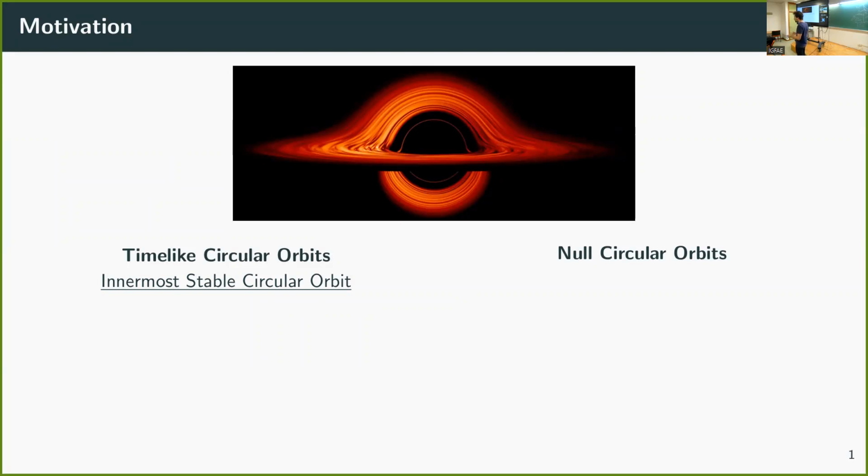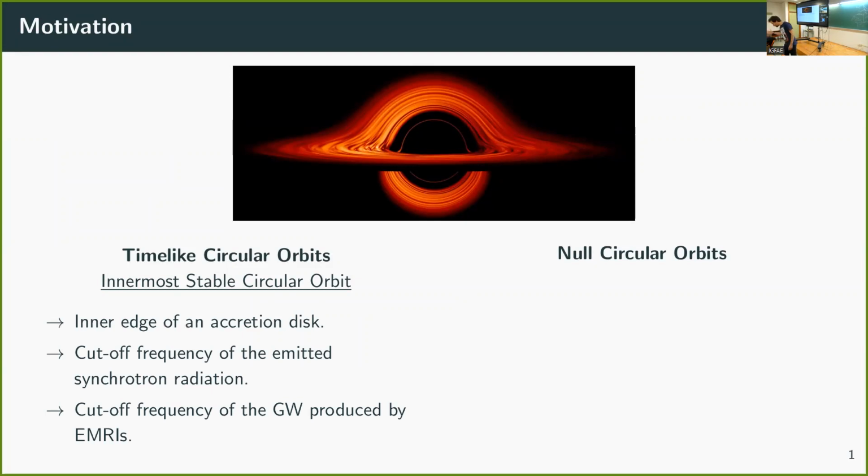By knowing this orbit, you can associate it with several phenomenology quantities, such as, for example, the inner edge of an accretion disk, the cutoff frequency of the emitted cyclotron radiation associated with accelerating charge on the accretion disk, as well as the cutoff frequency of gravitational waves produced by an extreme mass ratio inspiral, or EMRI.